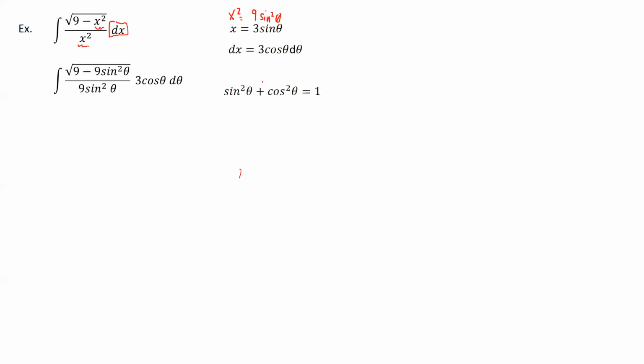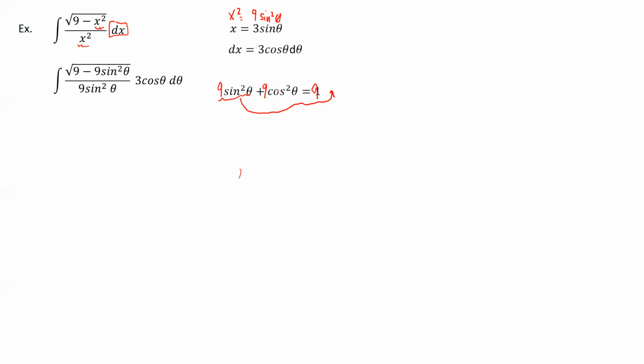Now what? It's a very famous identity you're very familiar with. Sine squared plus cos squared equals 1. If we were to multiply everything by 9, we'd have 9 sine squared plus 9 cos squared equals 9. And then what would happen if we took this to the other side? 9 minus 9 sine squared theta would equal 9 cos squared theta.